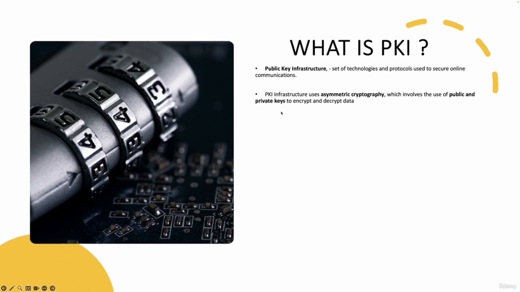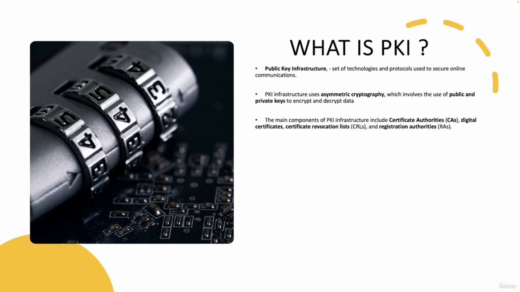Asymmetric cryptography means that you are using a public and a private key pair. It could be used either for encrypting or for decrypting. I always tell, you can either encrypt using a public key and decrypt via private key, or you could encrypt via private key and decrypt via public key. So it's always these kind of use cases which are there. Very important things, and we'll learn about these as we go forward.